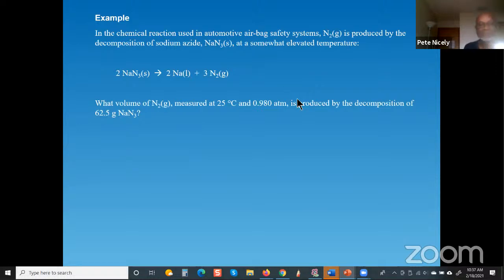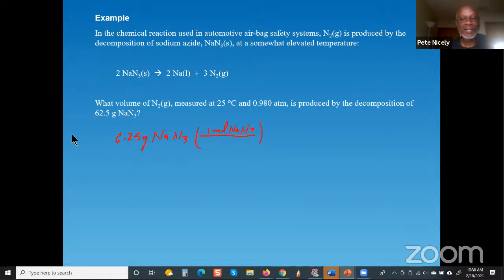Okay, so the first thing I would do is I would start off with the 62.5 grams of NaN3, and then I would convert that to moles. So 1 mole of NaN3 divided by the molar mass.